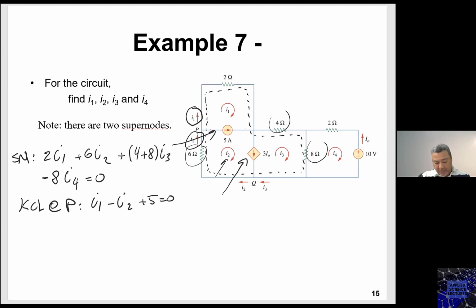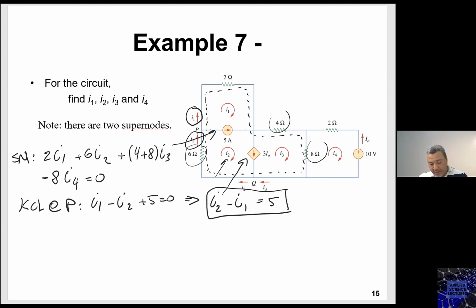So this is the first equation, which is I2 minus I1 equals 5. So this is the first binding equation.